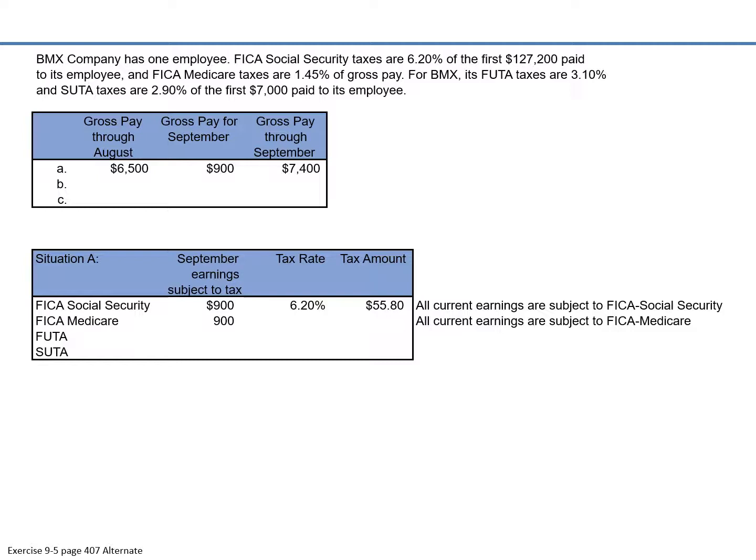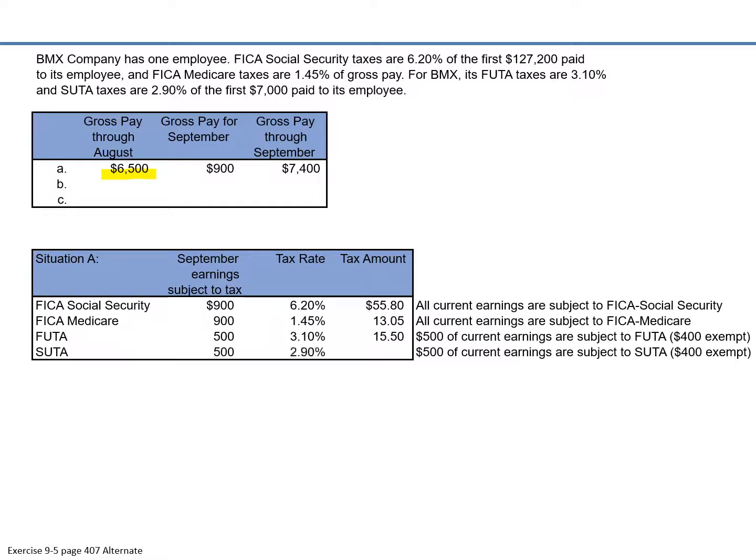Then Medicare, $900 September earnings subject to tax times 1.45%, is $13.05. FUTA, the first 7,000 is subject, and SUTA, same thing. So we only need $500 of our September pay to be subject to FUTA, not the whole 900, because we had 6,500 through August, so we need 500 more to get to 7,000. So 500 times 3.1%, or $15.50. And then SUTA, same thing, times a different rate, for a total of $14.50. Right?